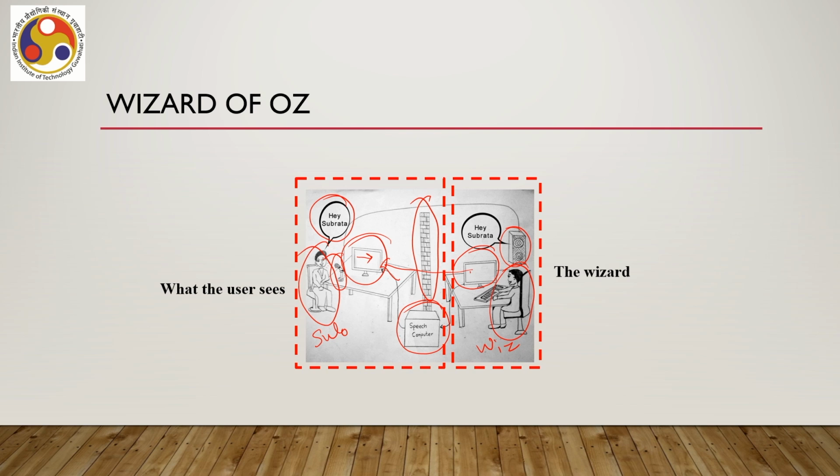So, whether this is a good system or a bad system, that is the perception of the subject. However, in reality there is no such technology which can automatically convert that. At that time there was no such technology. So, the human wizard was listening and typing and sending the result back to the subject. So, this setup, this idea is what is called the Wizard of Oz approach.